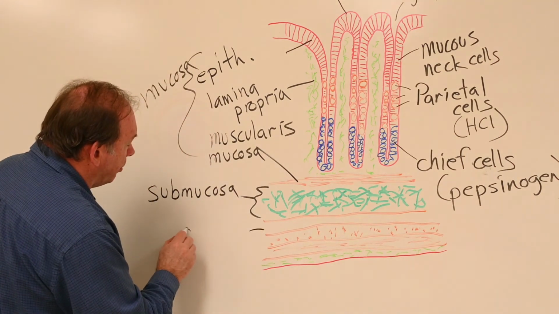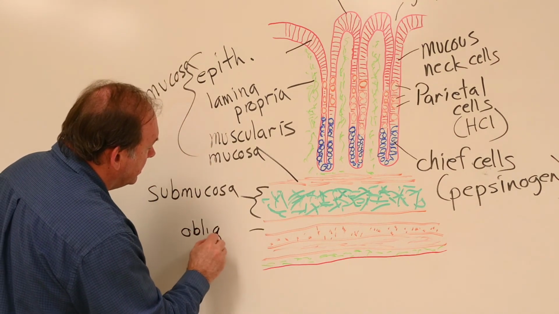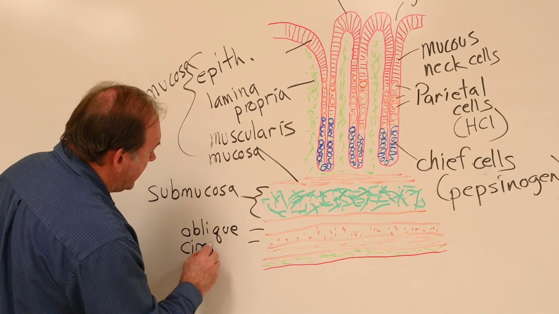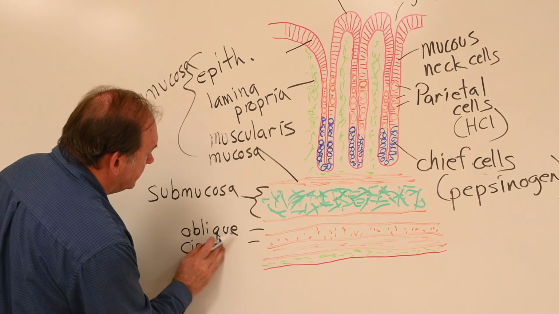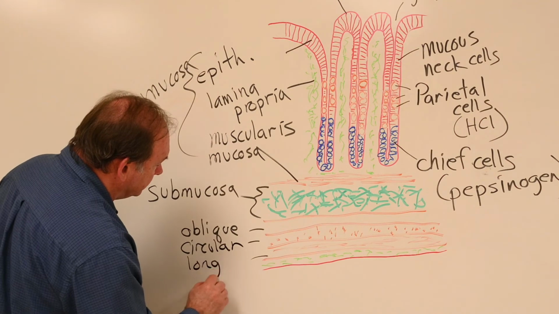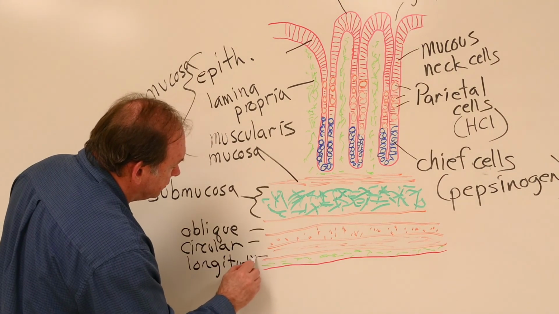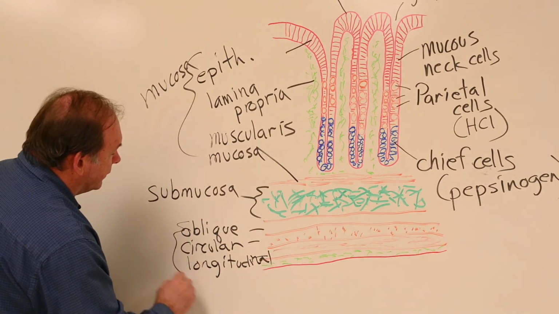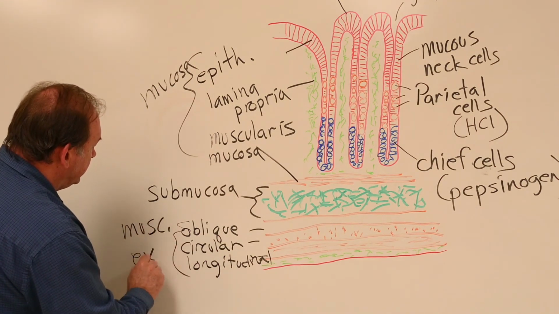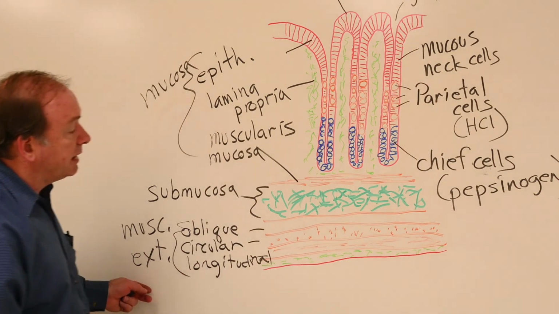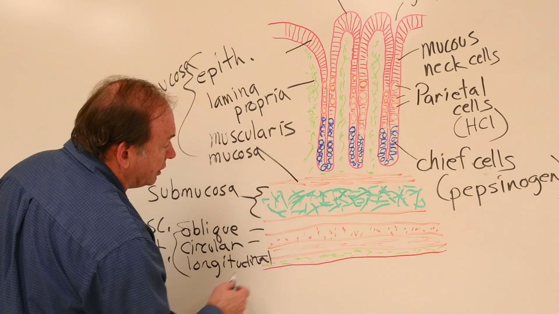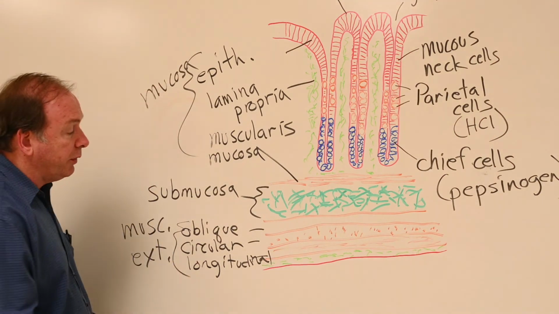Next we have our oblique layer, our circular layer, and our longitudinal layer of muscularis externa. Finally, we have this layer of loose connective tissue and the mesothelium.